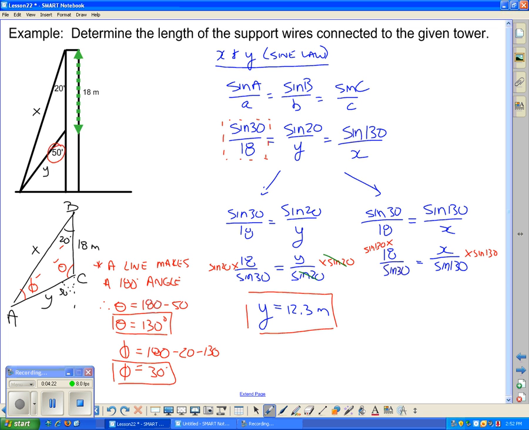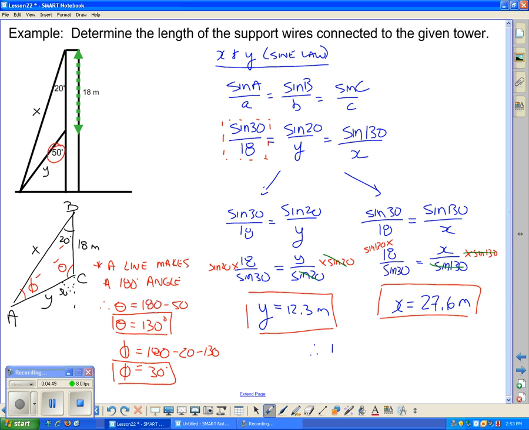So now I'm left with X equals sine 130 times 18 divided by sine 30. So 27.6, and that seems fairly reasonable based on the diagram.